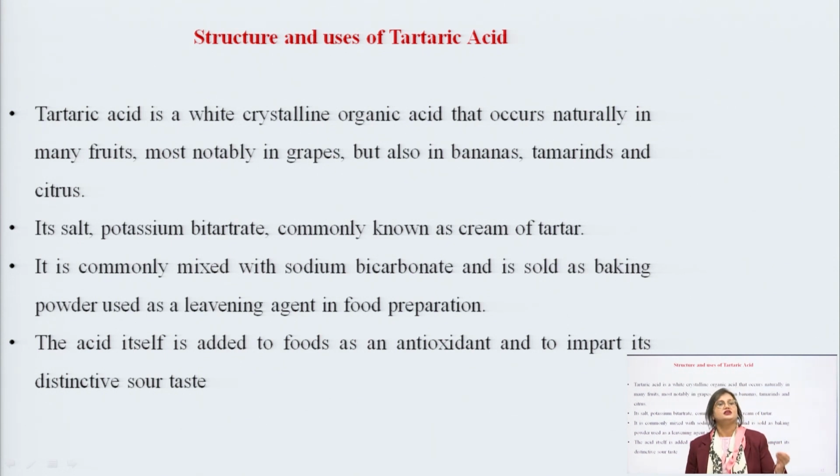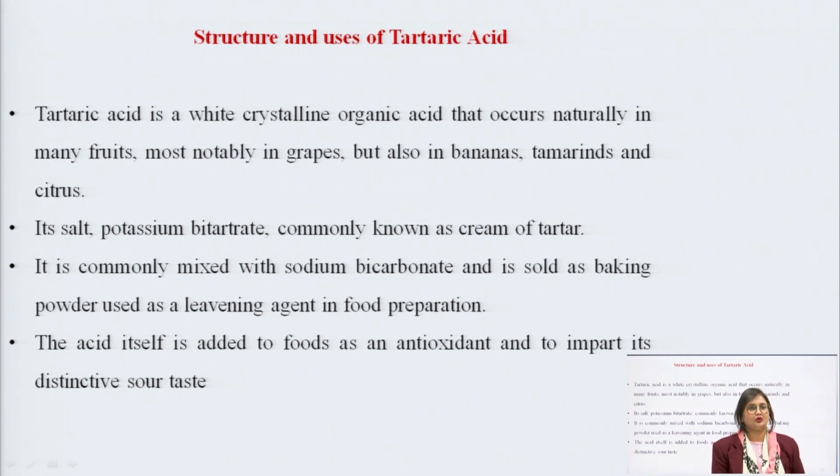Tartaric acid is a white crystalline organic acid that occurs naturally in many fruits, most notably in grapes. It is also found in bananas, tamarinds and citrus fruits. Its salt, mainly potassium bitartrate, commonly known as cream of tartar, is widely known.